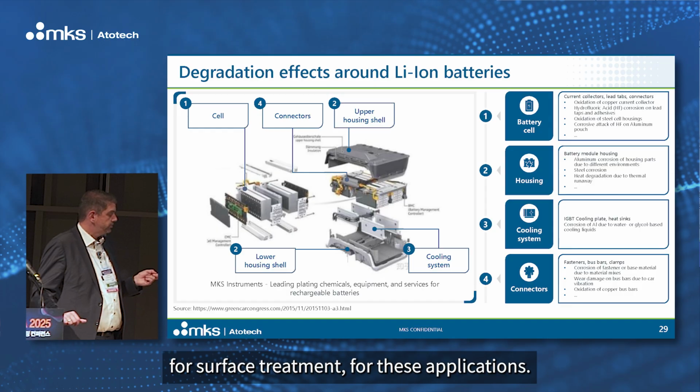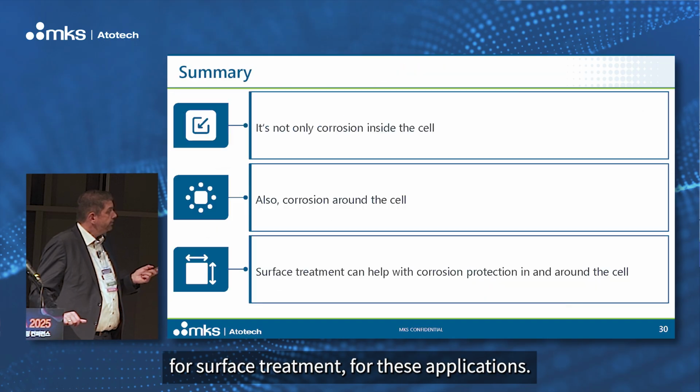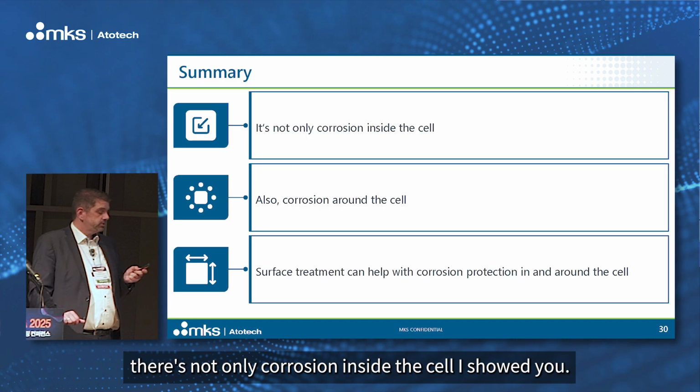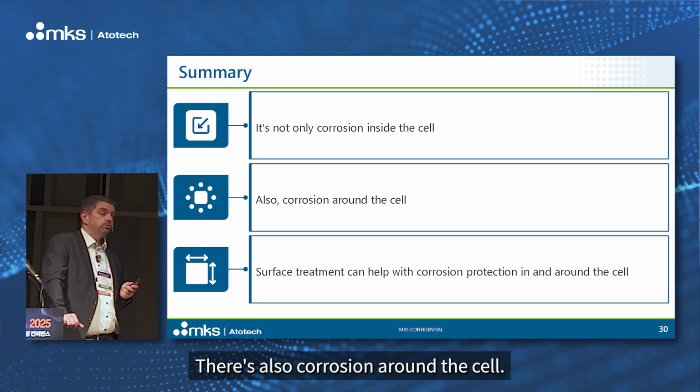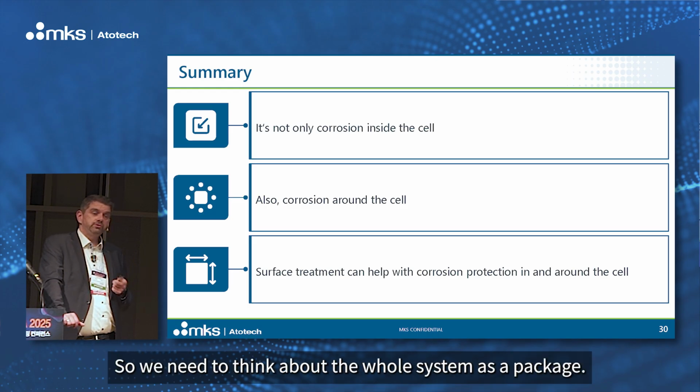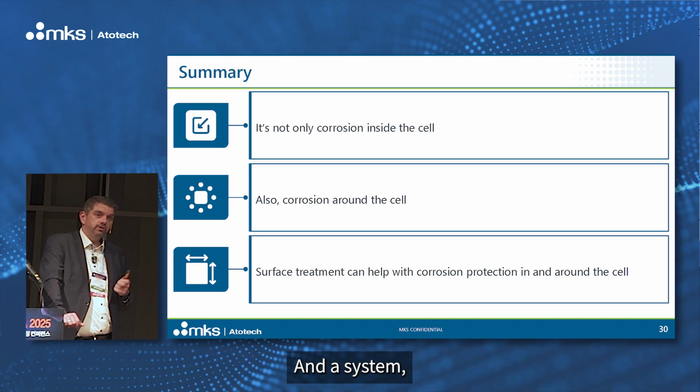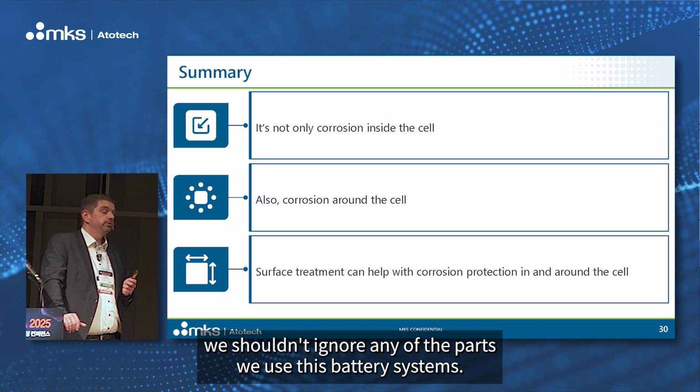There's not only corrosion inside the cell, as I showed you, with different mechanisms inside the cell. There's also corrosion around the cell, so we need to think about the whole system as a package, and we shouldn't ignore any of the parts we use in these battery systems.